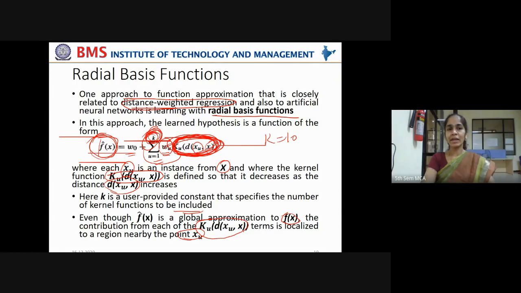That is why these radial basis functions can be used under instance-based learning. Though the approximation is global, it is giving larger weightage to local neighbors. That is why it is called a locally approximated value of the kernels.